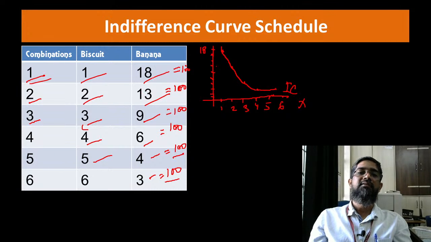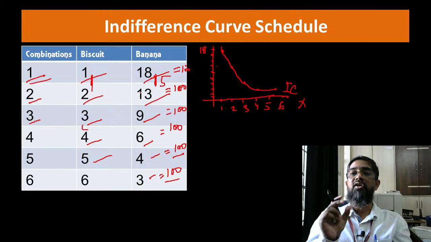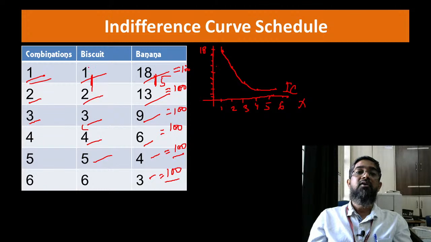So one thing you can see, for acquiring 1 unit of biscuit, how much is he foregoing? 5 units of bananas he is foregoing for acquiring 1 biscuit. Why? Because in the beginning he was having less of biscuits and more of bananas. So utility of banana for him is less in the beginning and utility for biscuit is more.